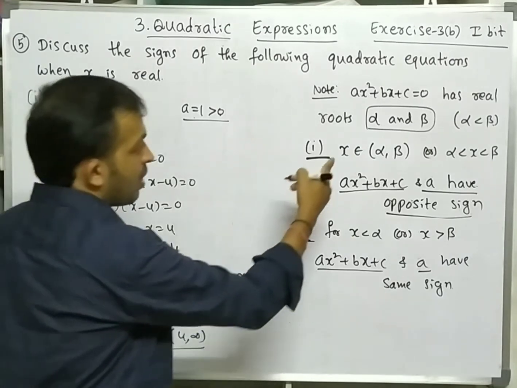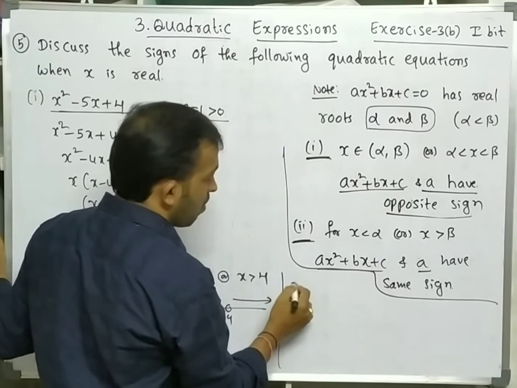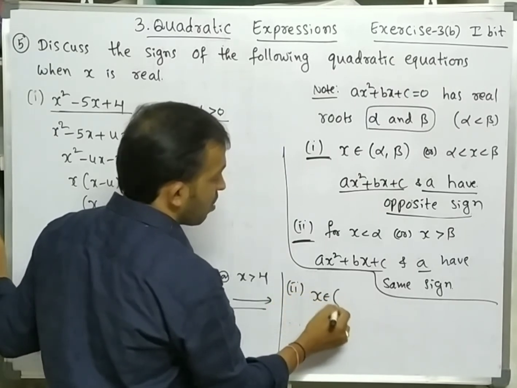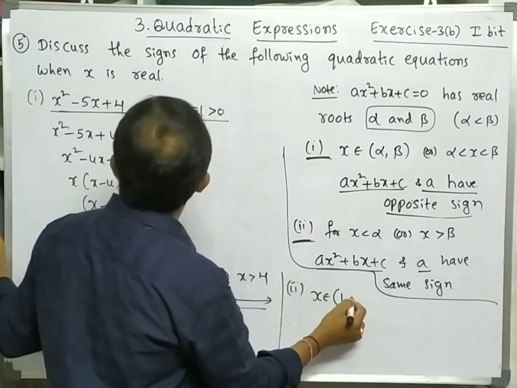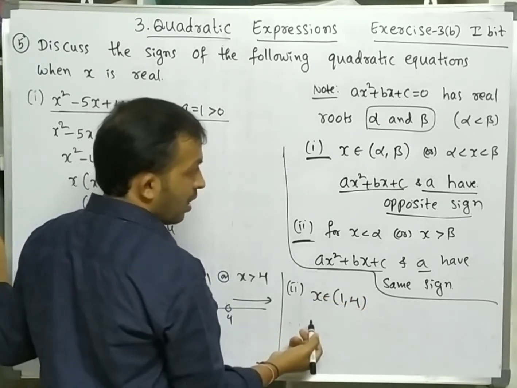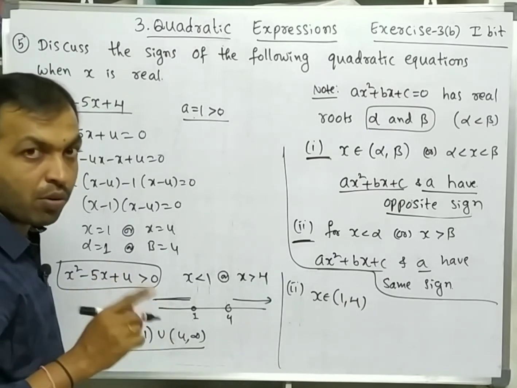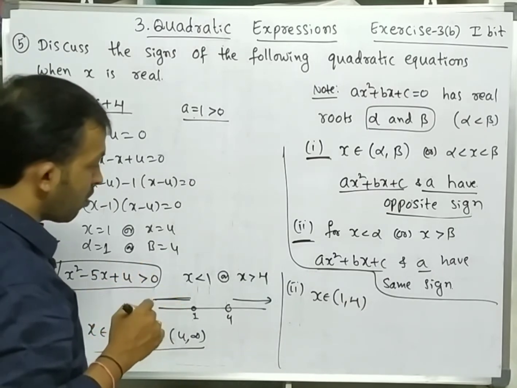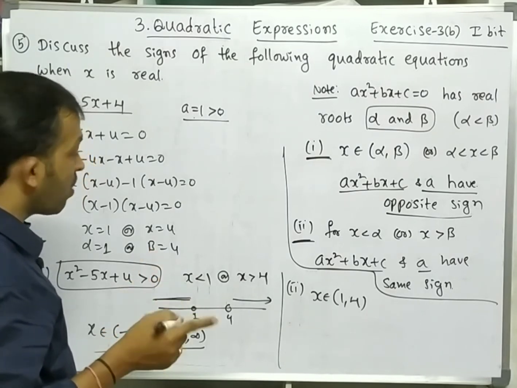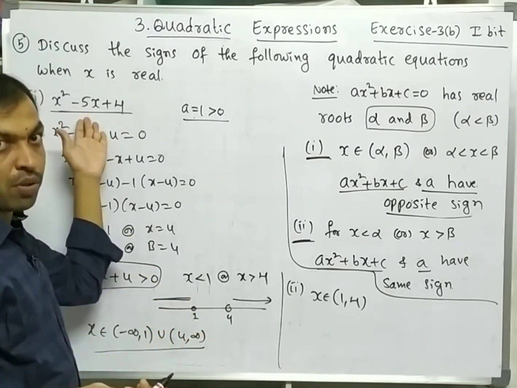Next, if x belongs to alpha comma beta, in the second case x belongs to 1 comma 4, the open interval 1 comma 4. Already you are familiar with open interval, closed interval. Why are we writing an open interval? If x is equal to 1 and x is equal to 4, that becomes 0, neither positive nor negative.